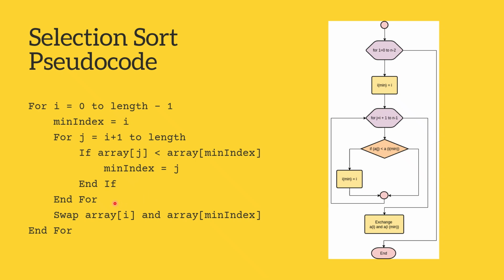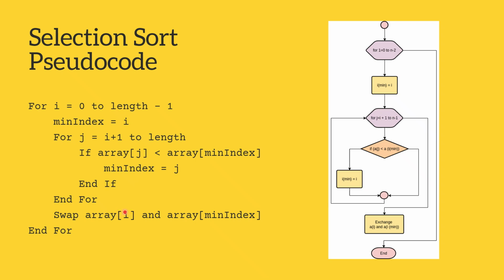Then the last part, after the inner loop, actually performs the swap. After checking each remaining value, the min index now points to the position of the smallest number in the unsorted part of the list. This swap line here is where we swap the smallest value into the correct position, i.